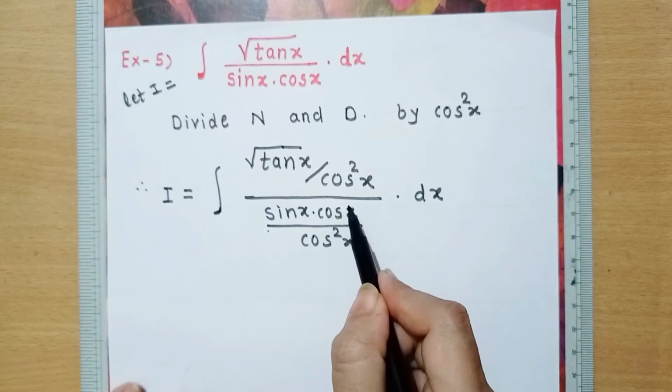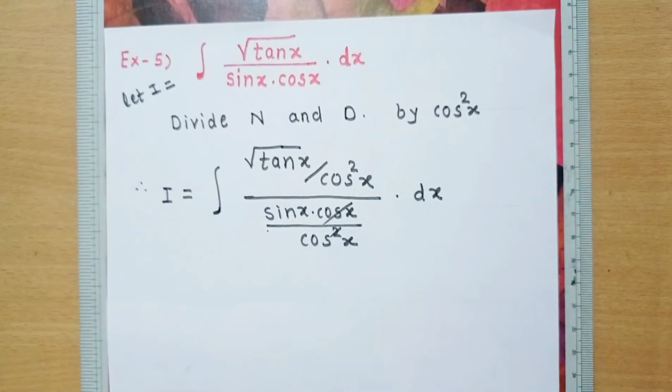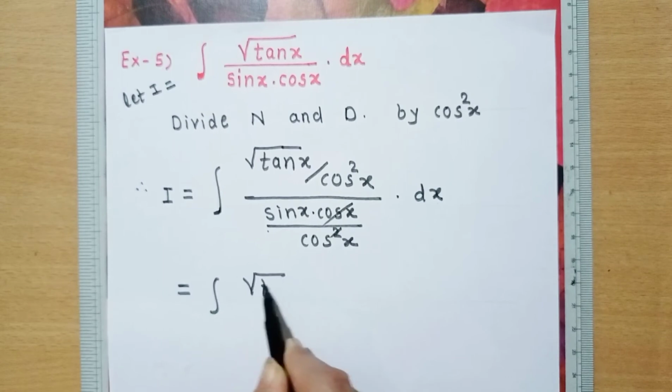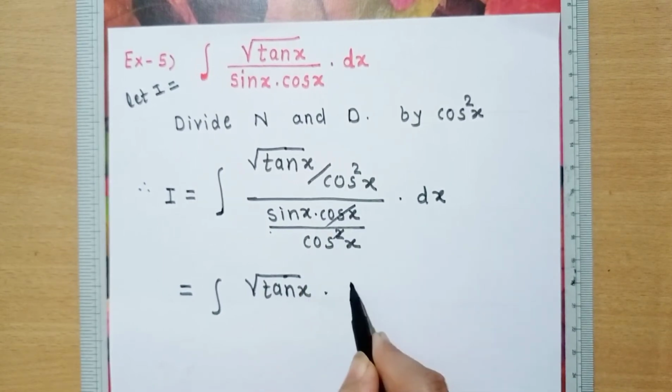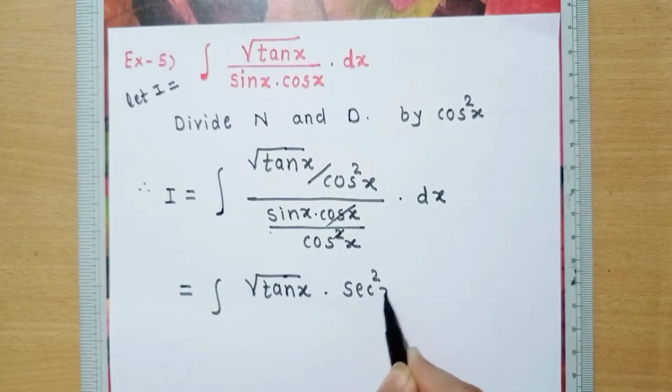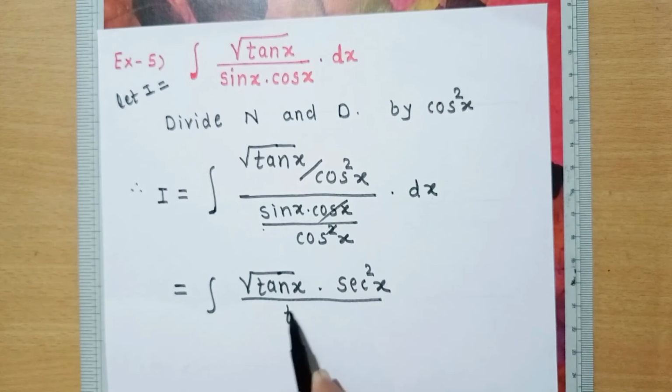Now in the denominator, 1 cos of x gets cancelled, so integration of root tan x as it is, then 1 upon cos square x means sec square x, and sin x upon cos x means tan of x.